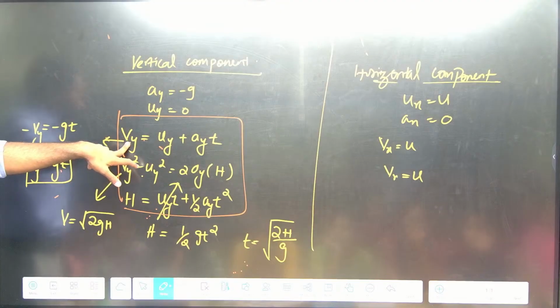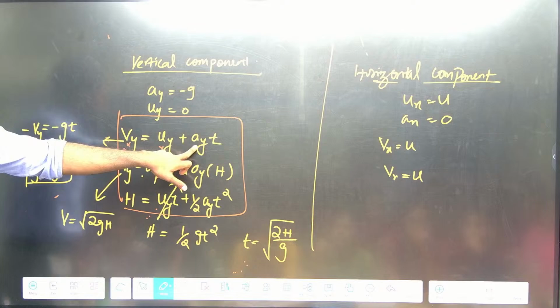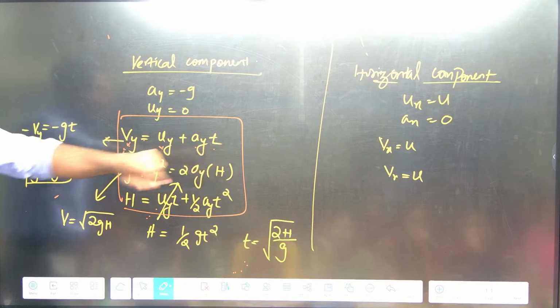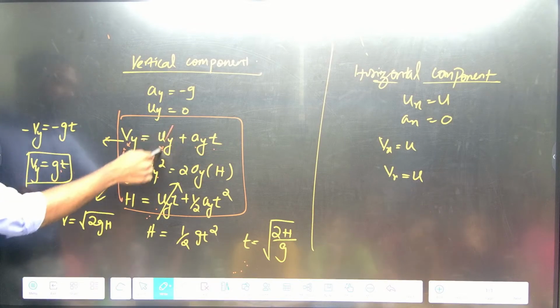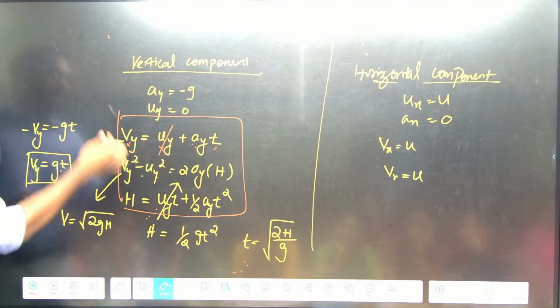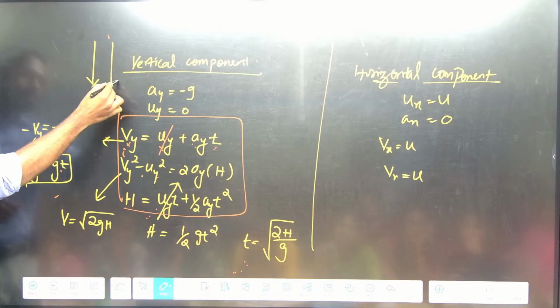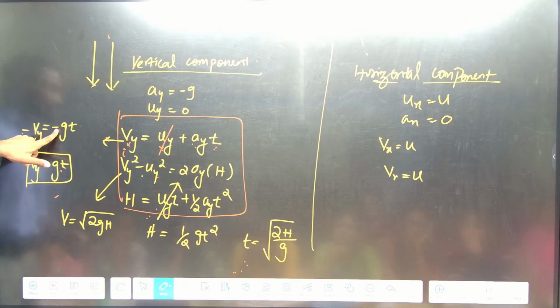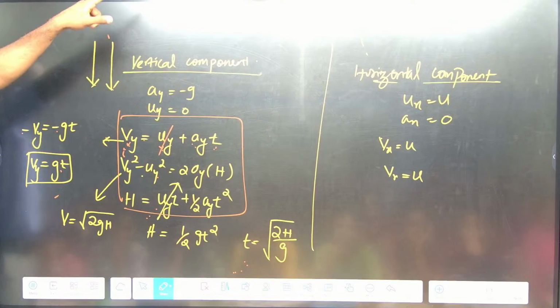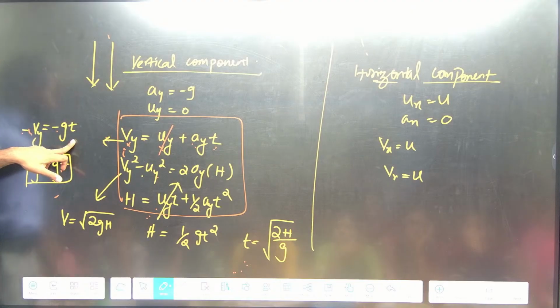Here vy we don't know, initial velocity we know, acceleration I know, time I don't know. Initial velocity is 0, I will neglect it. So this is minus g and this is t, and final velocity is also in the downward direction, so acceleration also downward. So minus and minus. When we talk about the downward direction, I should consider the minus. So vy will be equal to gt.